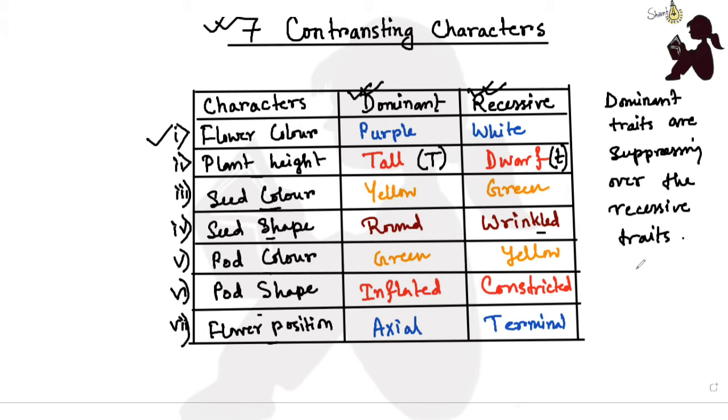So, for example, if we consider tall and dwarf, capital T, and capital T small t, will be tall phenotype, and small t will be dwarf, because the capital T is overpowering the small t.